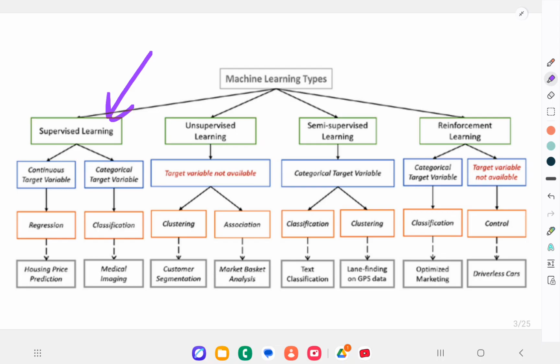For example, we might train a model to predict whether a customer will make a purchase based on age, browsing history, coupon use, and so on. So here the data is labeled.